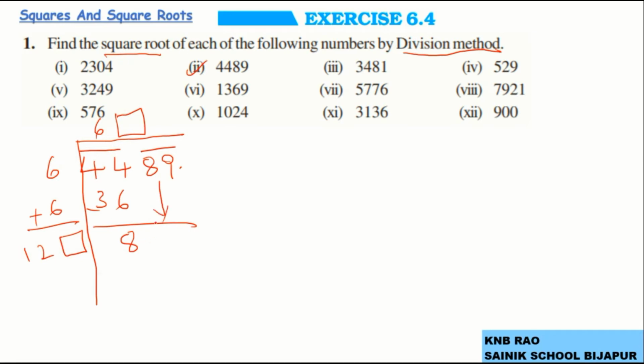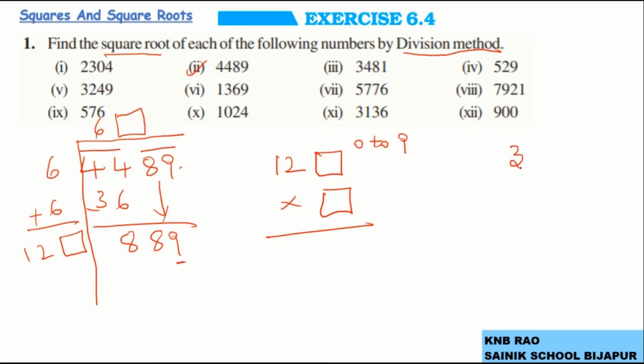Continuing further, we bring down the next pair. When I bring down the next pair, 889 is the remainder. Now out of 0 to 9, any one digit will occupy this box. So what is to be placed? Remember children, here the last digit is 9.